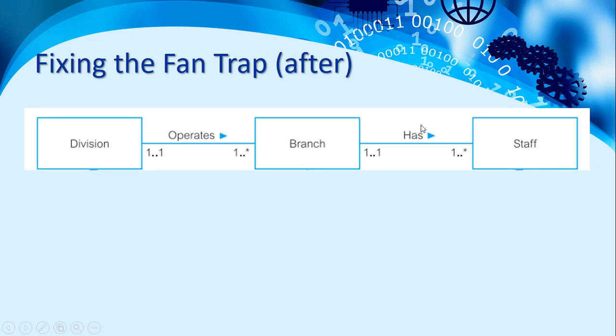So this is how it looks. Now, just to make sure it is correct, we could create a semantic net model.